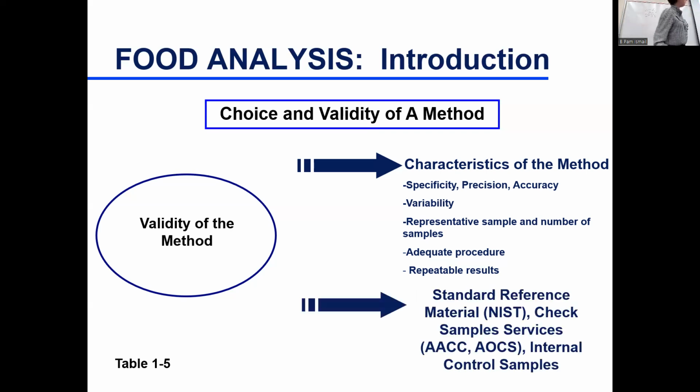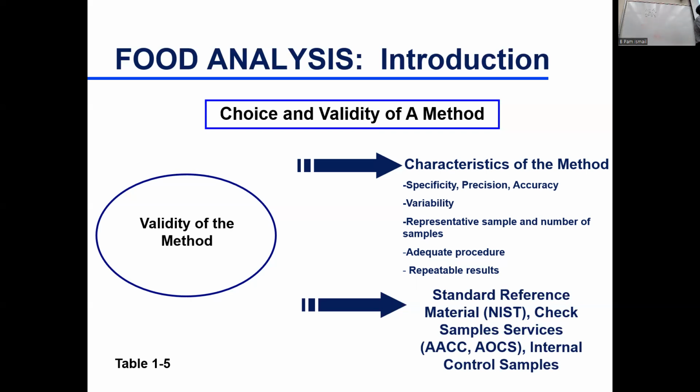And sometimes in companies, they utilize services such as standard reference material. So they can obtain standard reference material from the National Institute of Standards and Technology, NIST. That institute produces standard material, depending on your product or ingredient.